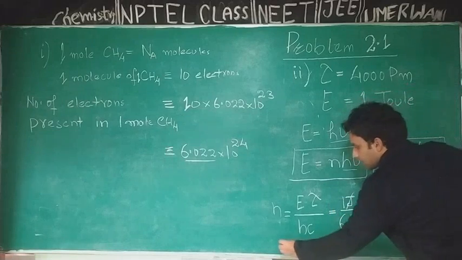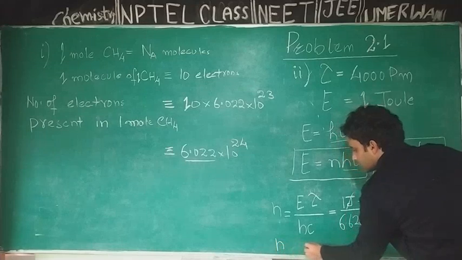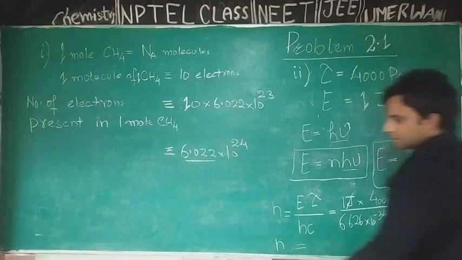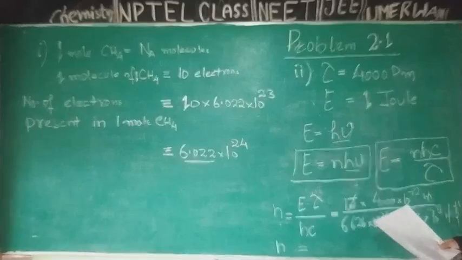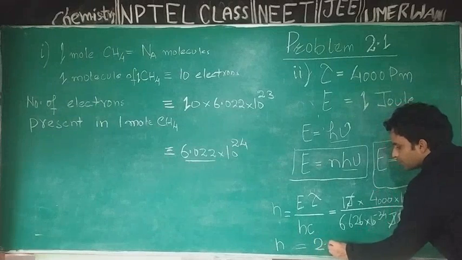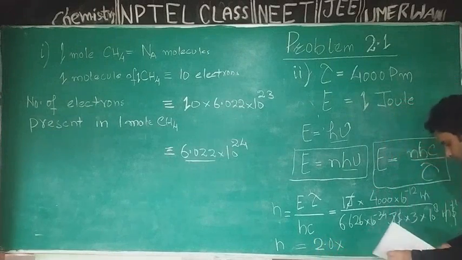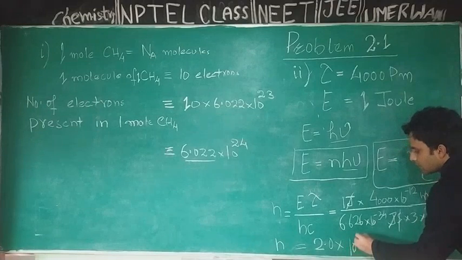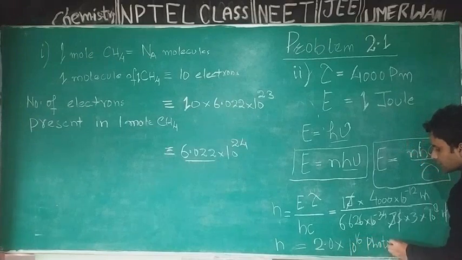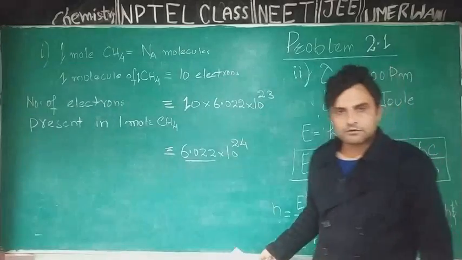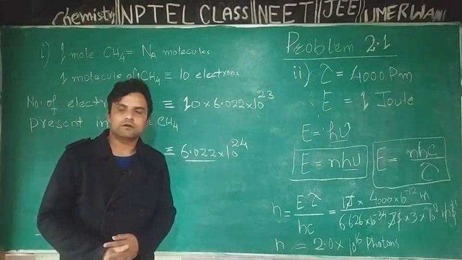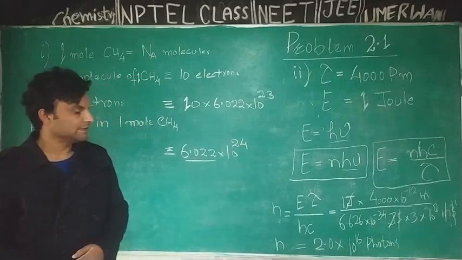And after solving n comes equal to, I have already evaluated this value, it comes equal to, in scientific form, 2.0 into 10 to the power 16 photons or quantas. General word is quantum. In case of light, instead of quantum we use photon. So quantas, photons in case of light.